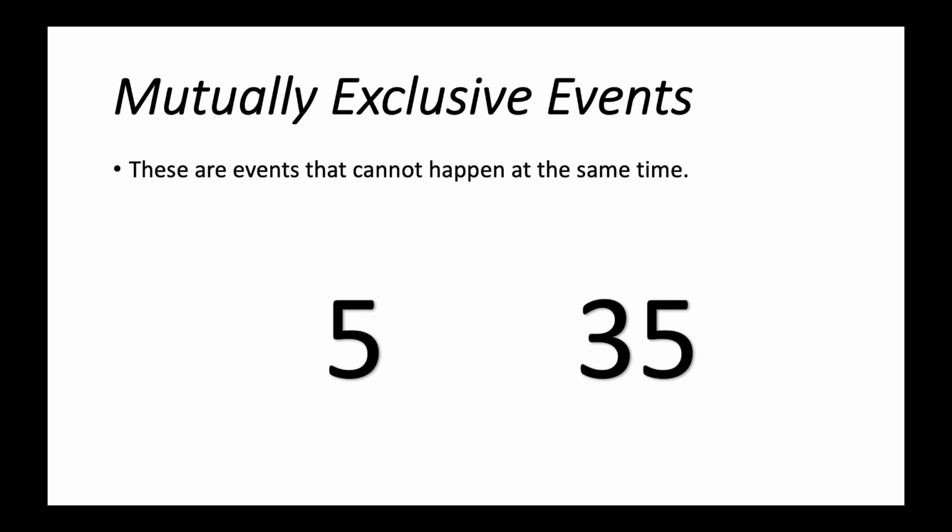But it cannot happen at the same time. So you have to count first how many ways you can have a one-digit number. Then you have to count how many ways you can get a two-digit number, and then add those cases.